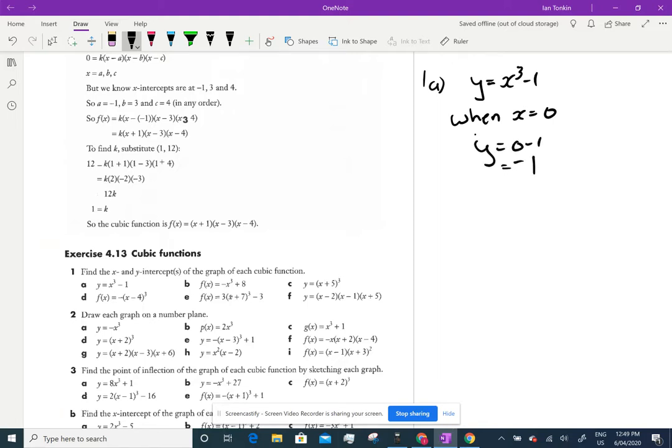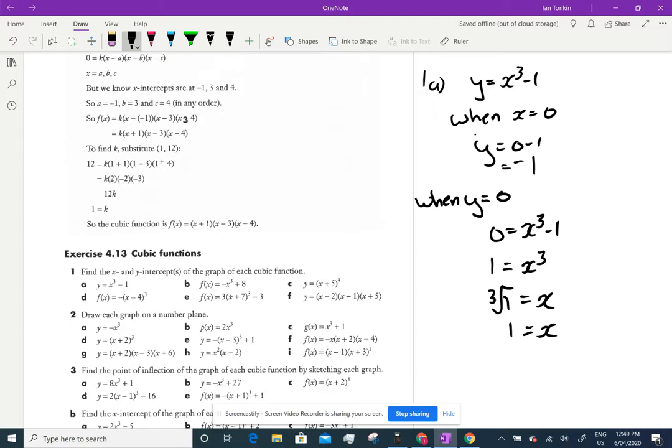Oh, y equals minus 1. That was pretty easy. And when y equals 0, we get 0 equals x cubed minus 1. Take the 1 over. 1 equals x cubed. Cube root the 1, and we get x equals 1. So the x-intercept there and there was pretty easy.